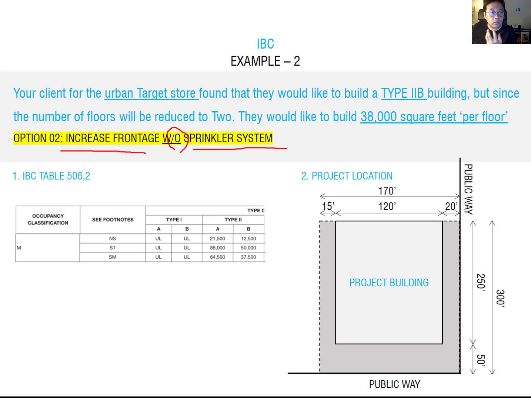So let's talk about increased building frontage. You need to know your project location. Here, the light gray zone is the building footprint, so your building stands at this location.